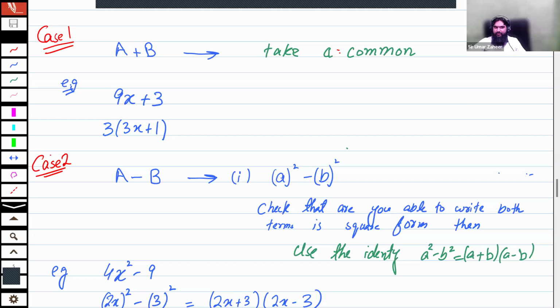I will send you the worksheet of the surds. You have to try it, and if you have a problem or any query, let me know. I will try my best to guide you as much as I can. You have to attempt the test, otherwise no problem if it is not good, but you have to attempt it.